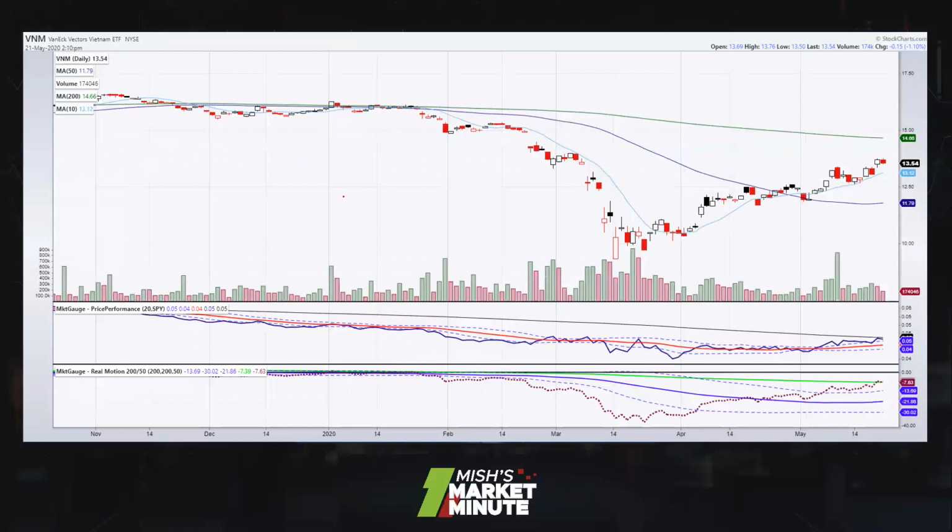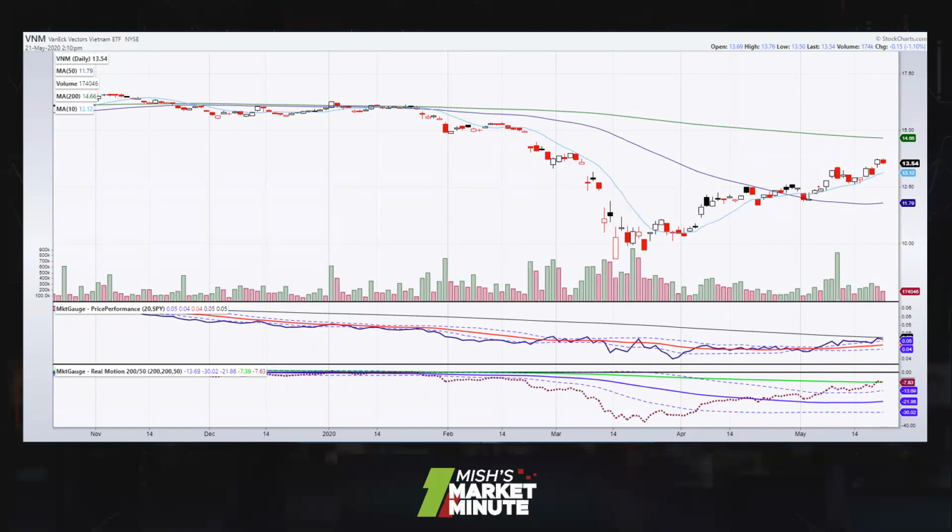Instead, what I'm going to show you is this one, which is Vietnam. Now, Vietnam, I think looks probably, of all the charts that I've shown you, one of the best. And the reason why is that you've got nice things going on in all of the indicators. First of all, as you can see right here, this broke down under the 50-day moving average, and then when it popped up, it gapped right over the 10.